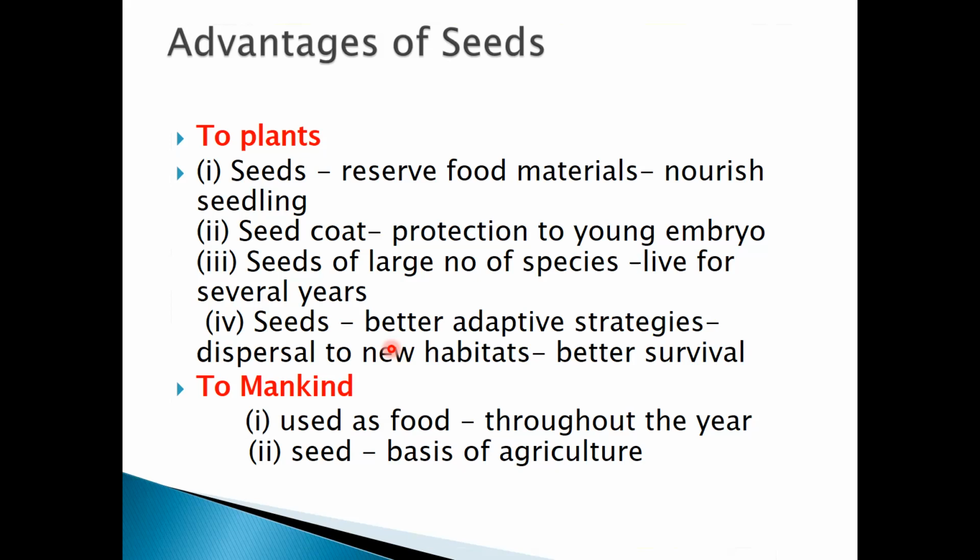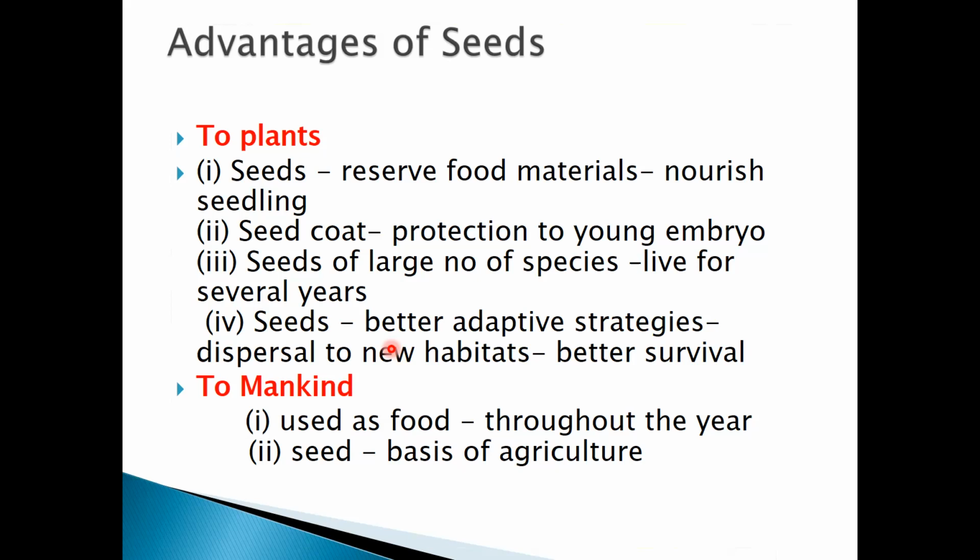Or otherwise, what happens when they are dispersed to new habitats? For example, if I take a seed from this place A and sow it in place B, there also it can grow.